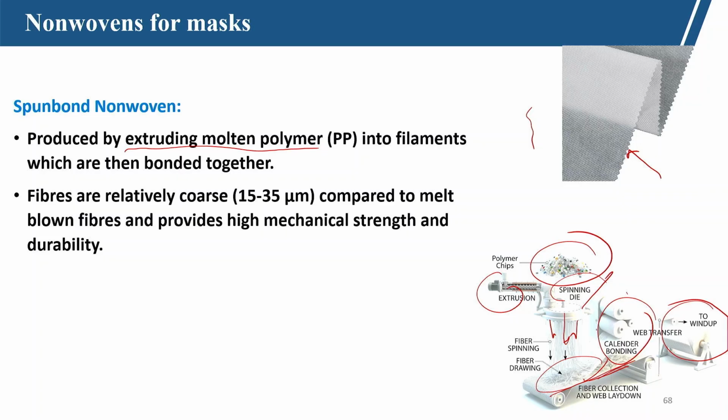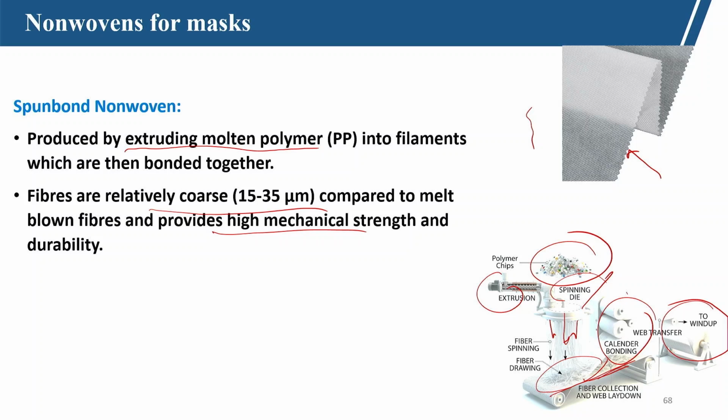Here the fibers are relatively coarser, 15 to 35 micron, as compared to melt blown. In melt blown we get very fine fiber diameters.